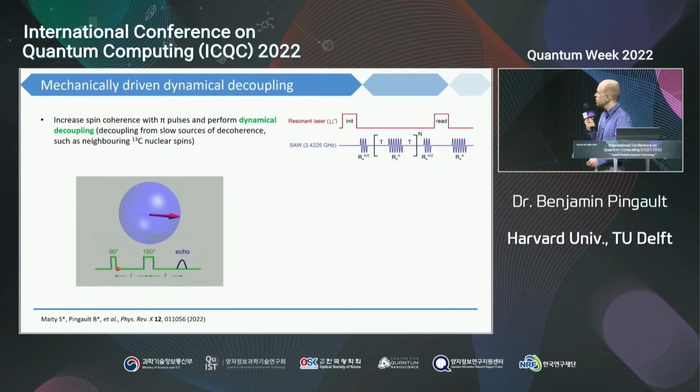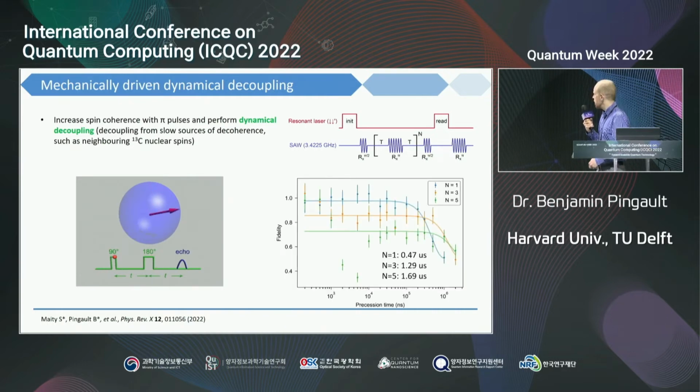Building on this, we performed multiple pulses on the SiV spin, still using surface acoustic waves, and performed dynamical decoupling. What it consists of: a first pi-half pulse creates a superposition of the two spin states. Then a succession of pi pulses, as you can see here, rephase the spin. And the more you do, the more you rephase the spin and eliminate the coherent sources in the environment.